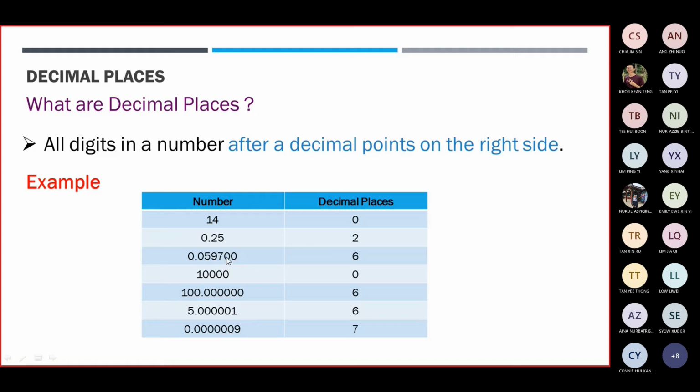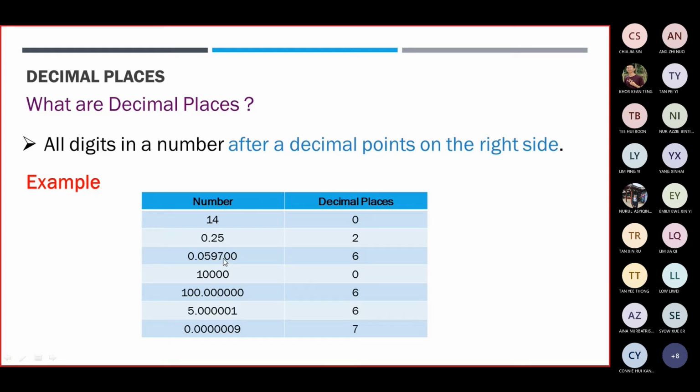Even the zeros given after the non-zero values must also be counted. So how many decimal places are there? There are 6 decimal places in this number.